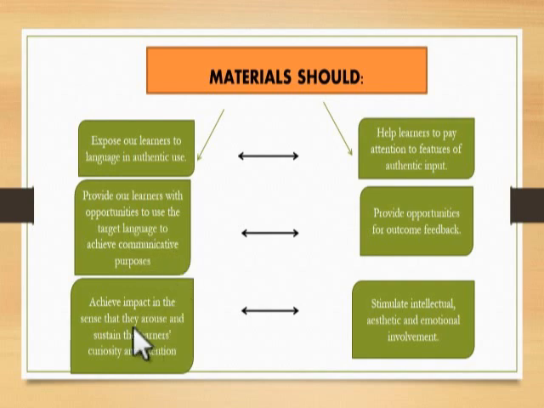We have here achieve impact in the sense that they arouse and sustain the learners' curiosity and attention. Help learners to pay attention to features of authentic input. Provide opportunities for outcome feedback so they can learn from their mistakes and, of course, to improve their knowledge. And stimulate intellectual, aesthetic, and emotional involvement. So that is what this material should have.